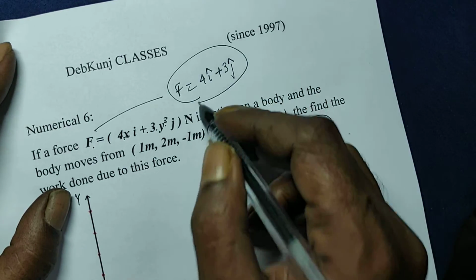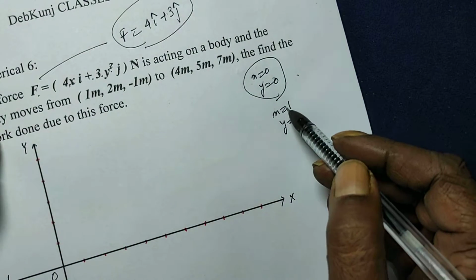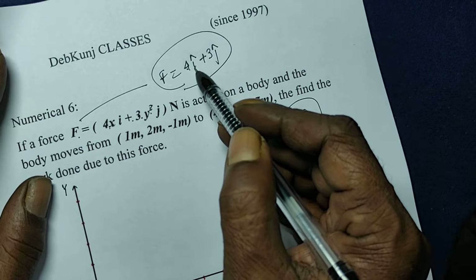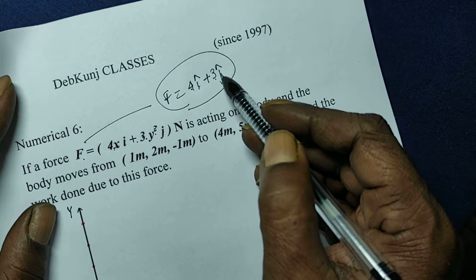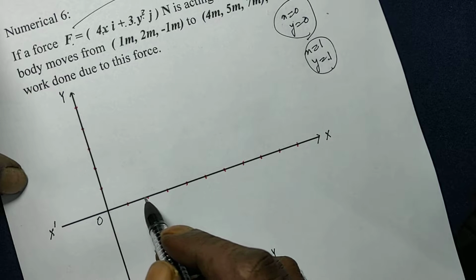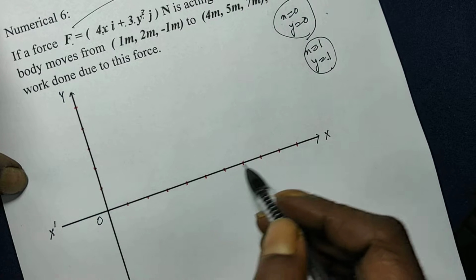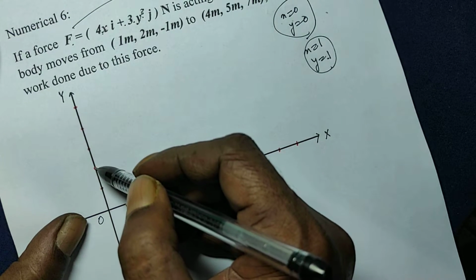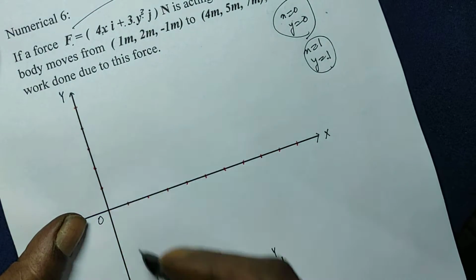Then where is this force, where x is 1 and y is 1? 4 units along x-axis and 3 units along y-axis. I have taken 1 centimeter as the unit on this side, and similarly on this side also.